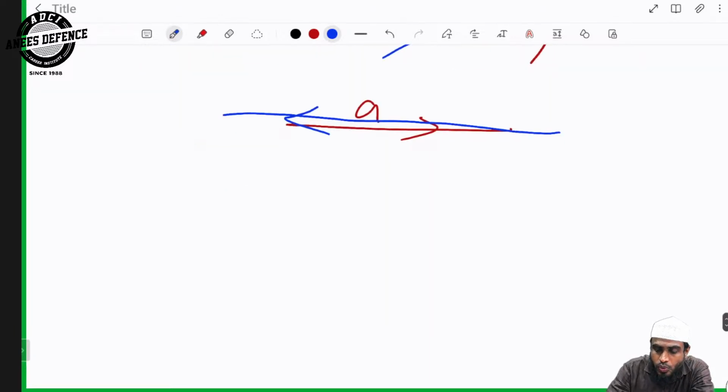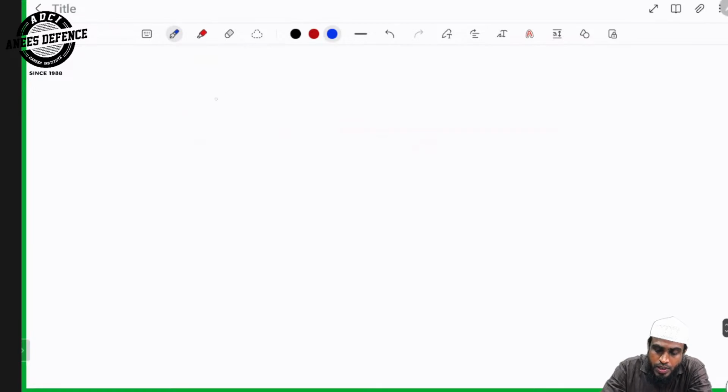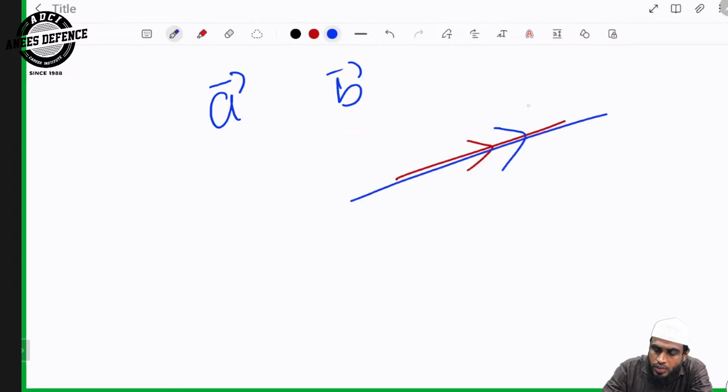One important condition of collinear vectors is, if you have a vector A and another vector B, both collinear, this is B vector and the first one is A vector. If they are collinear, it may be in the same direction or in the opposite direction.